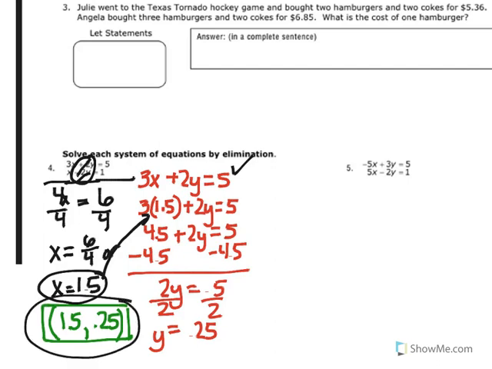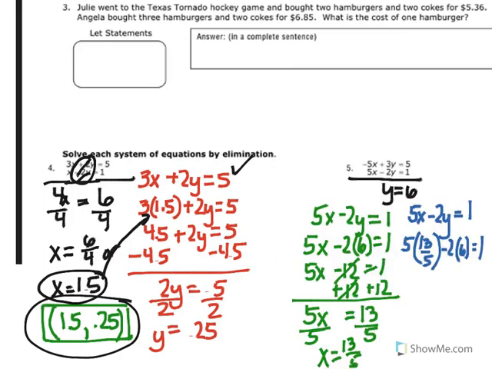Okay, now you should have tried number 5 as well, so let's see how you did on that. For this one, I got the ordered pair, 13 over 5, comma 6. Now let's see how I did that. When you look at your 2 equations right here, if you combine them, the x's are going to eliminate.